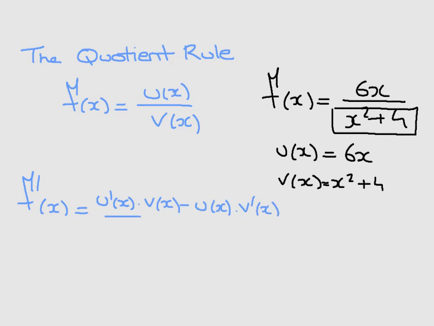And all of that is written over v squared x. And remember, we write v squared x is the same thing as v of x in parentheses squared. It's just a shorter way of writing it.